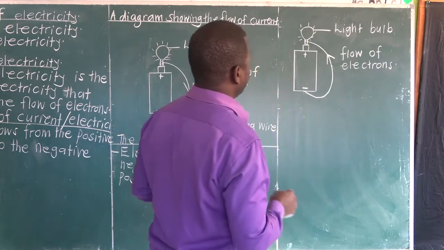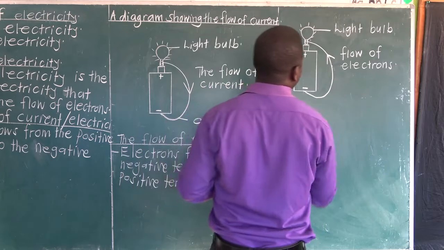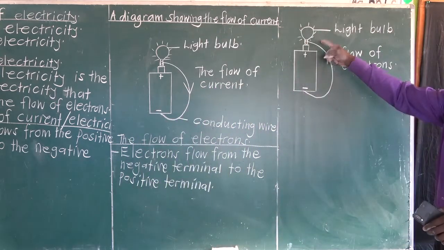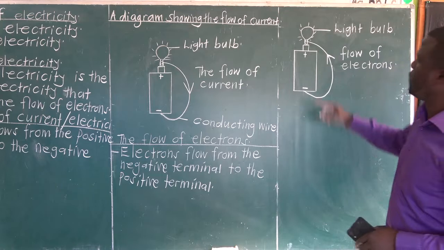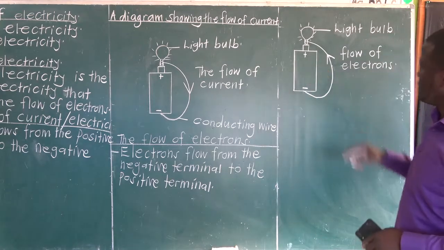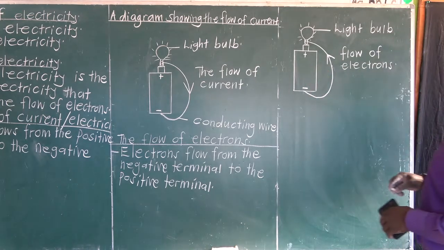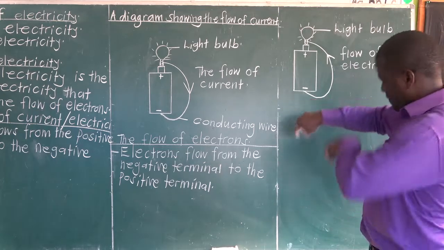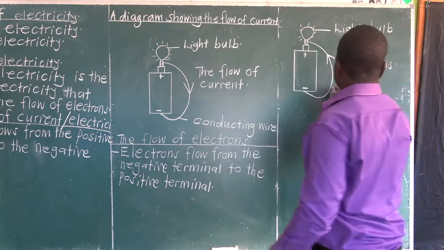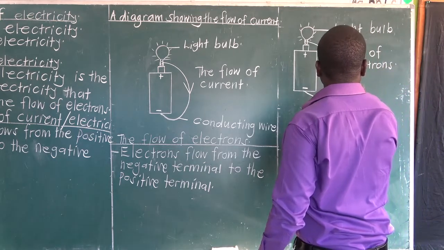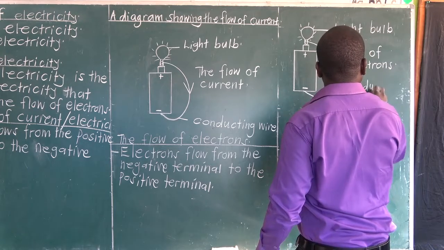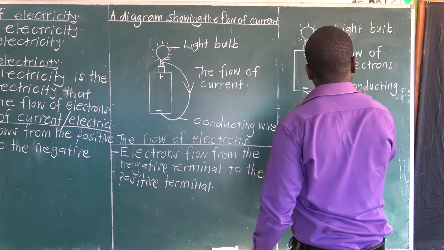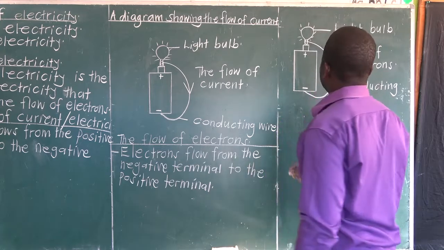Then you can simply say electrons flow from the negative terminal to the positive terminal. The positive terminal is represented by the plus sign, the negative terminal is represented by the negative or minus sign. Then this one is the conducting wire, as simple as that.